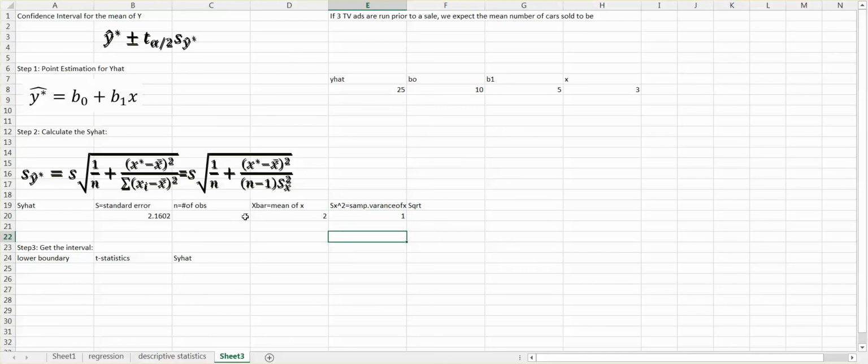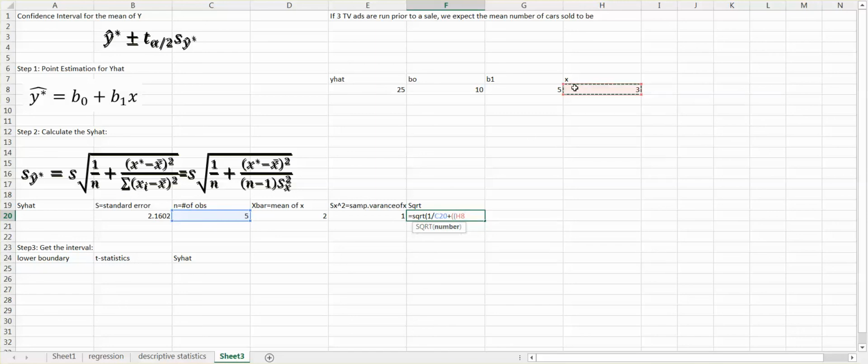So now we know x bar and the sample variance of x, then we can start to calculate what happened in the square root. Type equal SQRT, which stands for the square root, then parentheses, and 1 over n, and the n we just found is 5. So that's the C20 cell, and a plus. The x equal to 3 is given by our question.